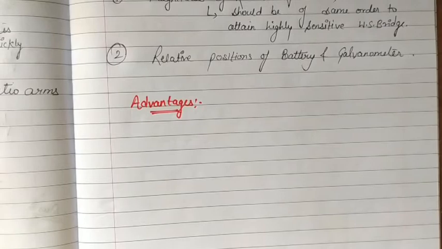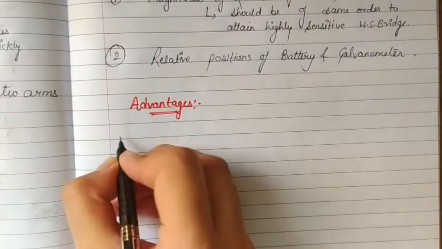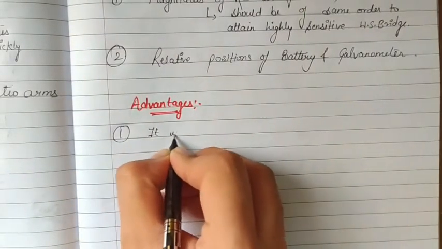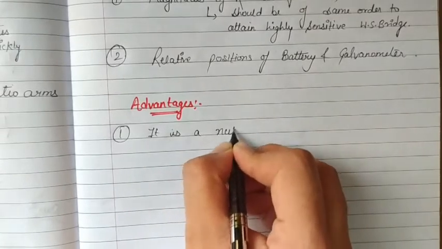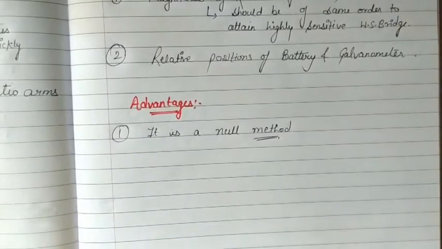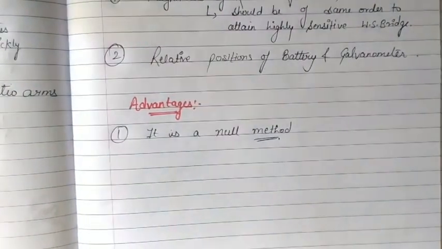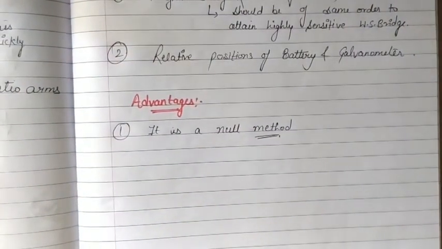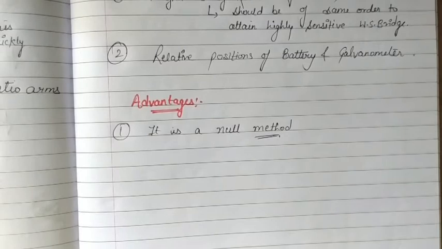The very first advantage is that it is a null method. What we are going to do in the process is work for getting a null point. Means we want to set the Wheatstone bridge such that its galvanometer shows no deflection. That means it attains the null point.